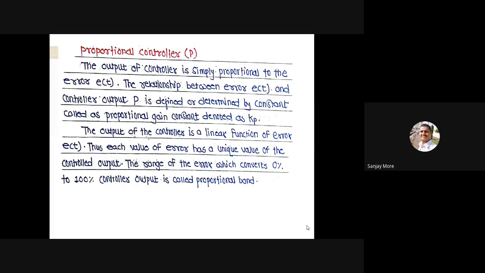Full stop. The range of the error which covers 0% to 100% controller output is called proportional band. Full stop.